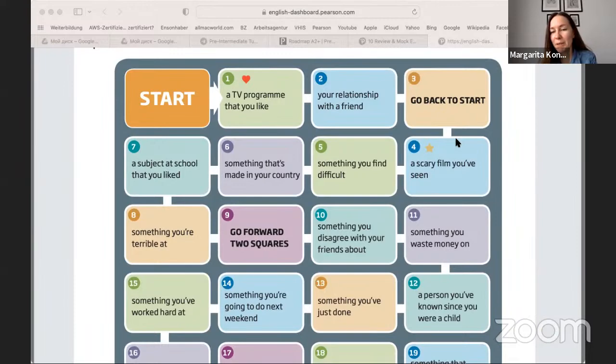Let me think quickly. Okay, yes, but when I was a teenager, I watched a scary film called Jaws. Do you know this part of our face is a jaw, and it is about a very big shark.